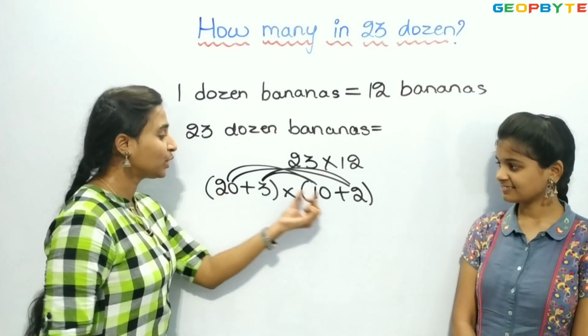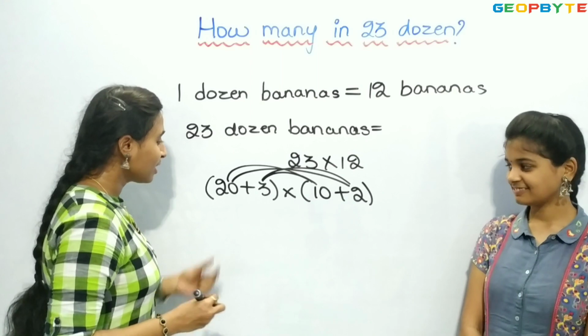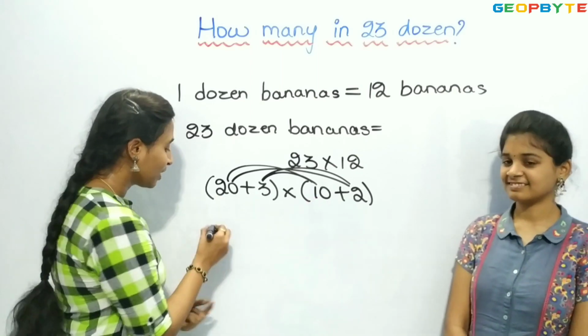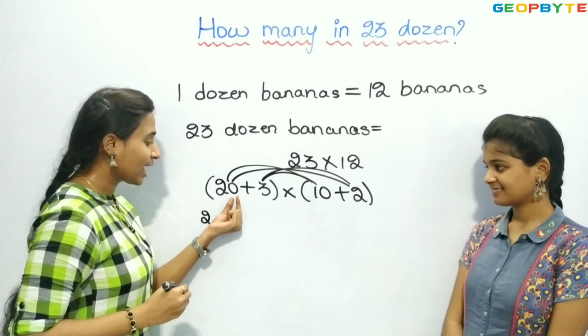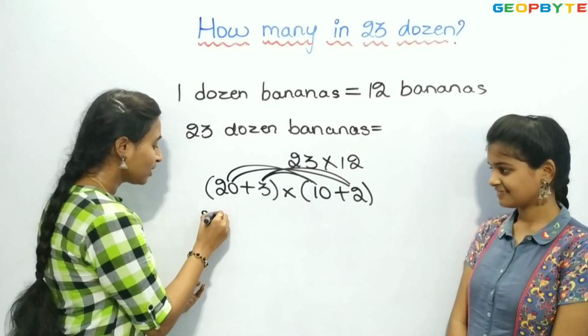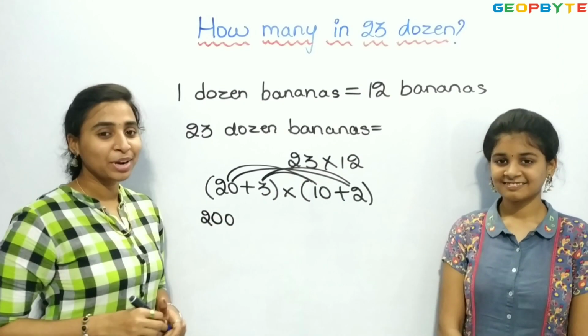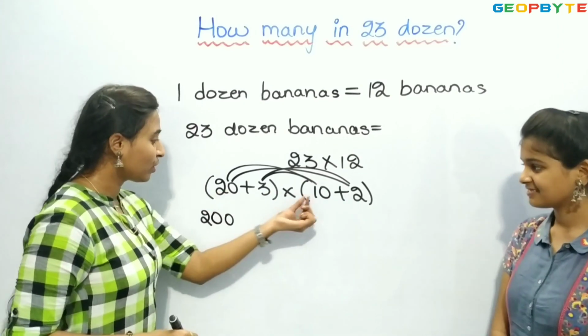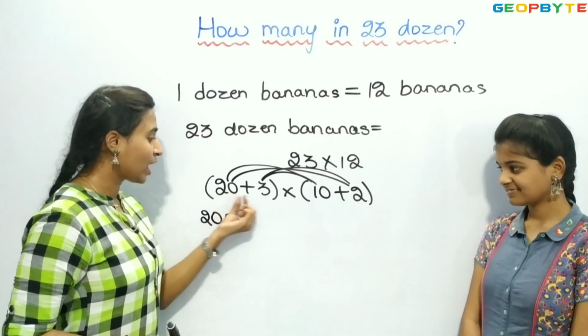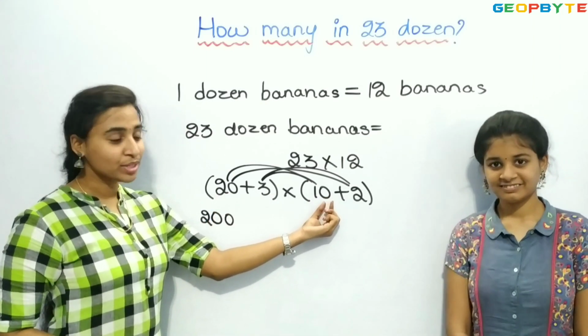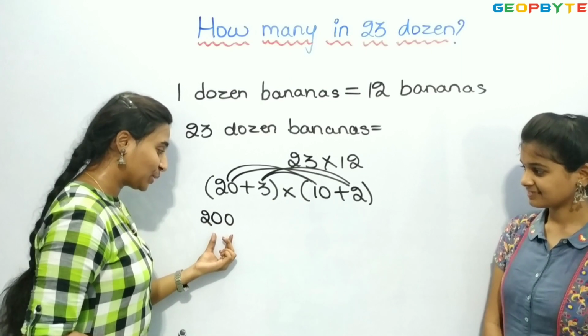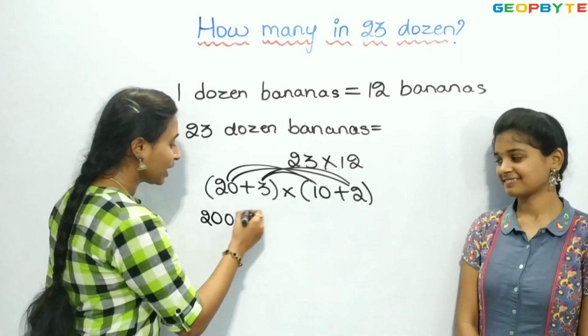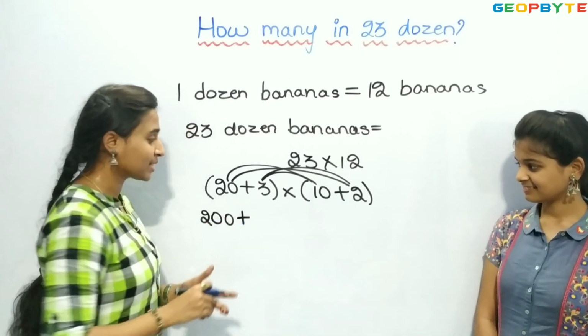First 20 into 10. Children, see, 2 ones are 2 and we have 1 zero, right? So 20 into 10 is nothing but 200. 2 ones are 2. We have 2 zeros. So 20 tens are 200. Now in between we need to put plus.